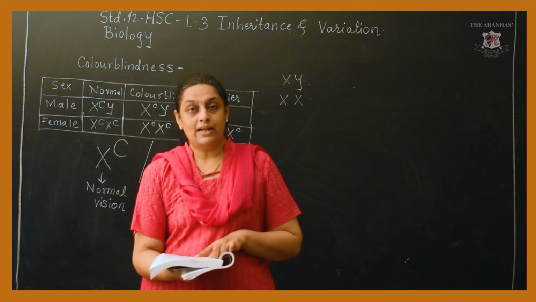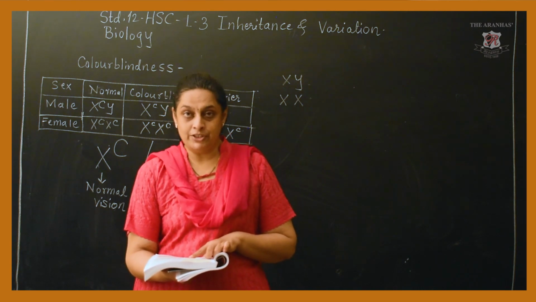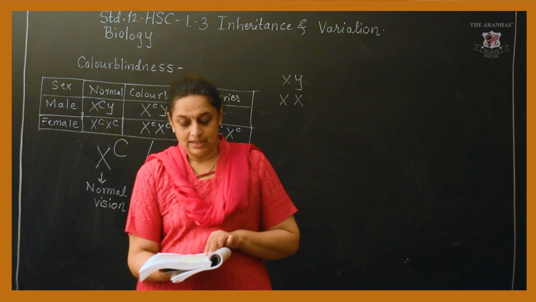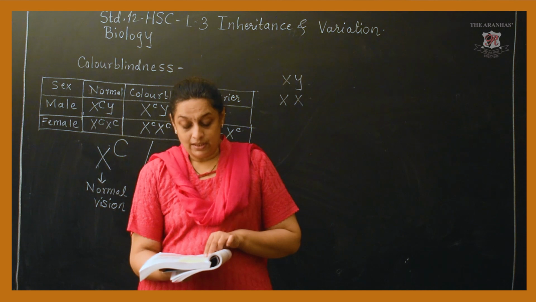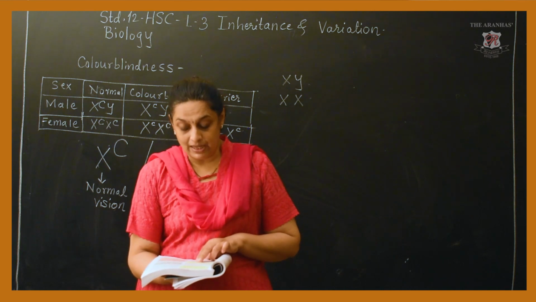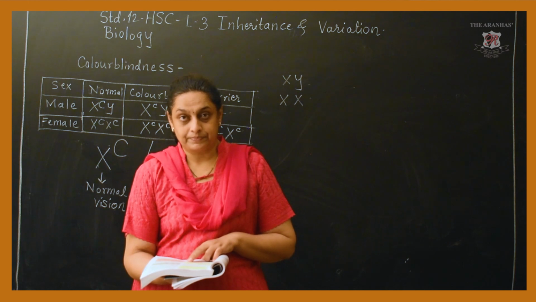Okay, so there are four possible genotypes in the F1 generation in this particular cross, and you will get one normal female, one normal male, one carrier female, and one color blind male.